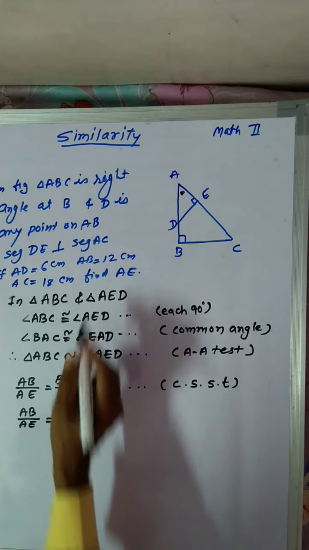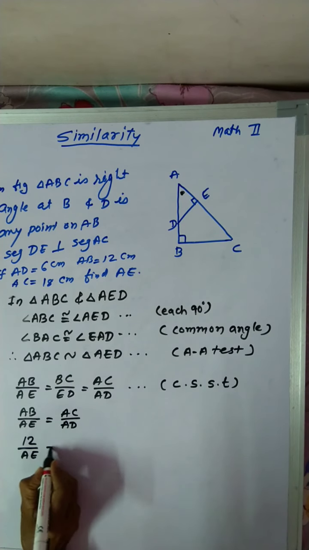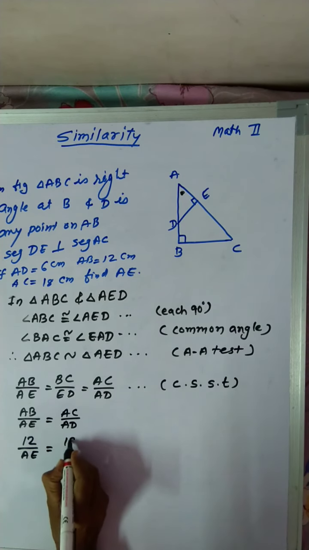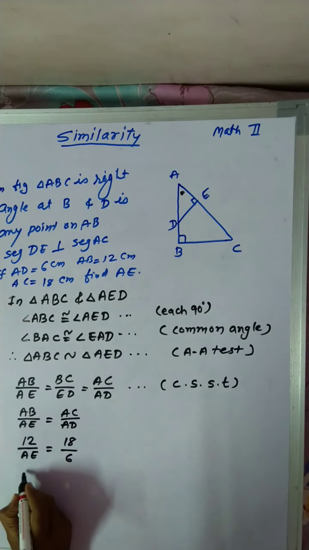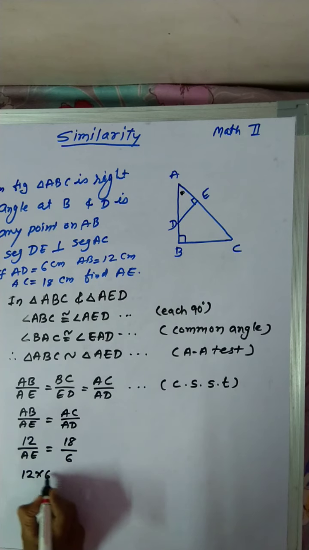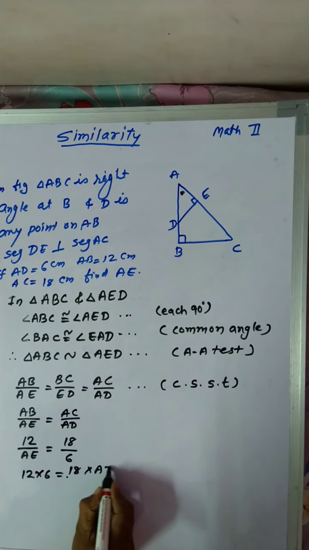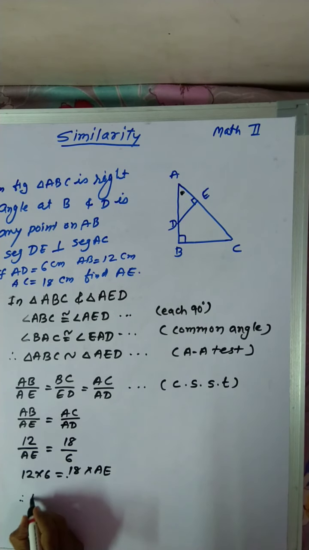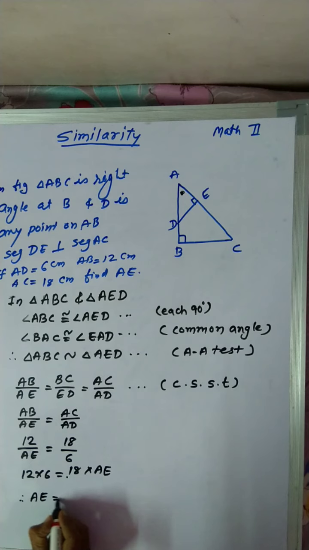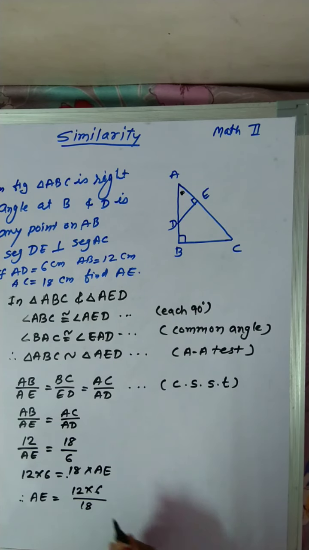Now substitute these values. AB is equal to 12 upon AE, which we have to find, is equal to AC, given as 18, upon AD, which is 6. By cross multiplication we get 12 into 6 is equal to 18 into AE. That means AE is equal to 12 into 6 upon 18.